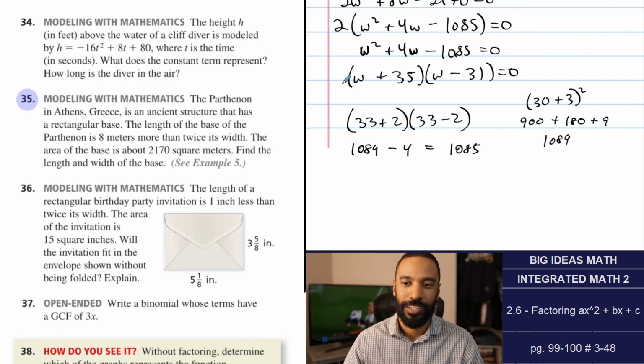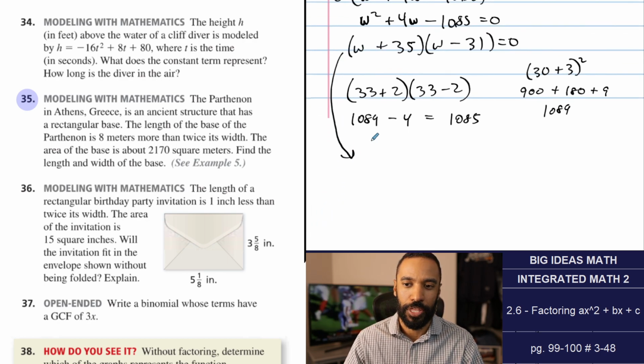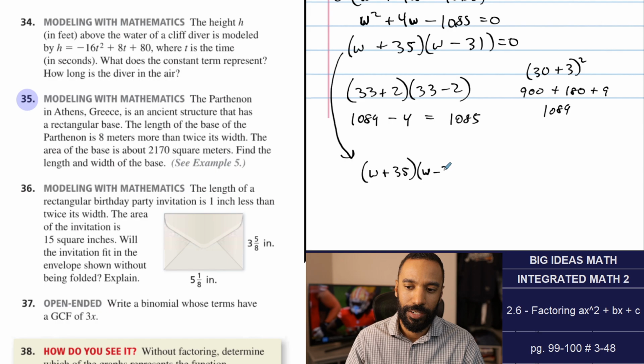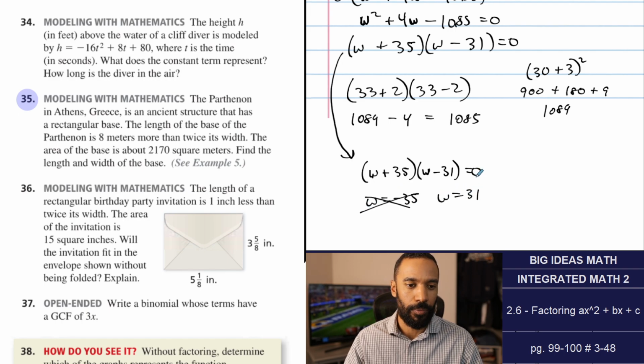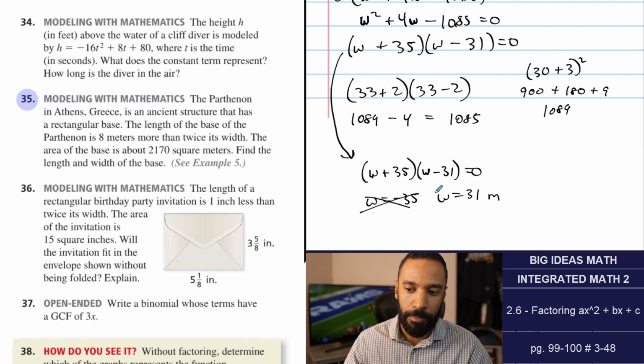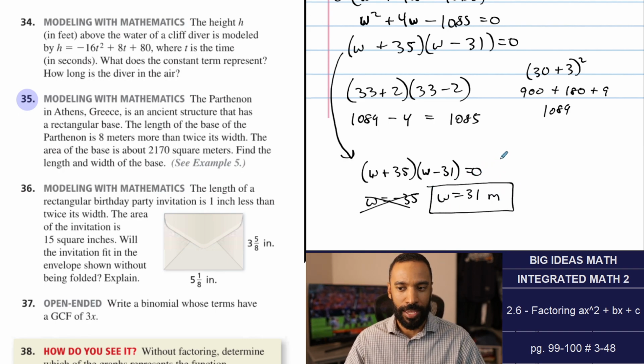Yay, we got there. So moving down the page of nothingness, we have w plus 35 times w minus 31 equals 0. So either w is negative 35, which doesn't work, no negatives, or w equals 31, which should work. So the width is 31, that's 31 meters. They asked to find the length as well.